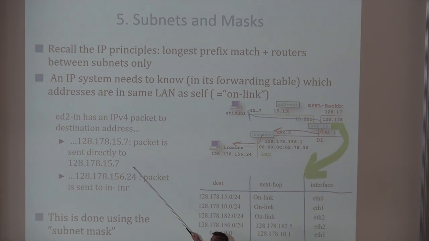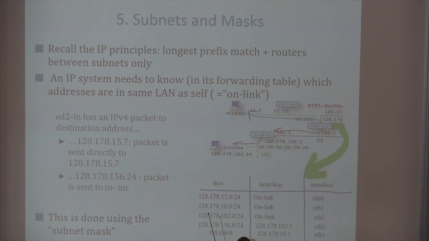For example, if it sends a packet to this address, 128.178.15.7, which is a machine that is this one, STI-SUN1, then this router has to know whether it is directly connected to it. How does it know it?